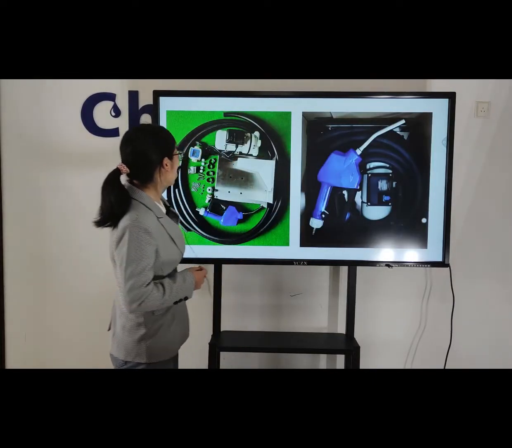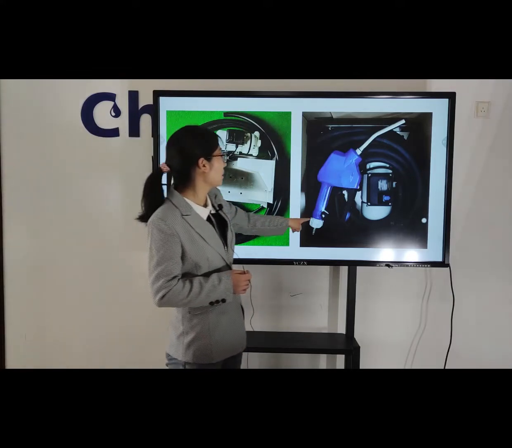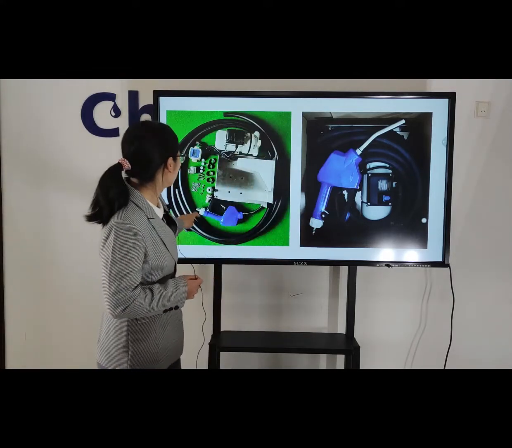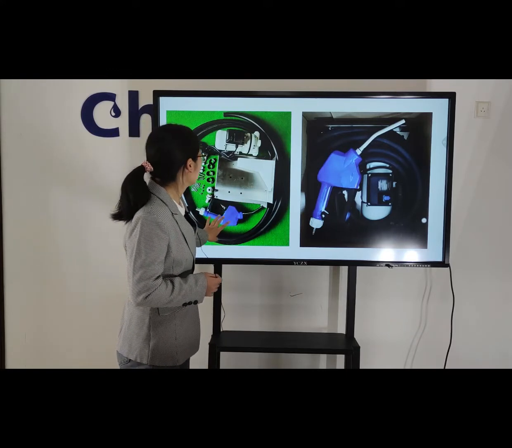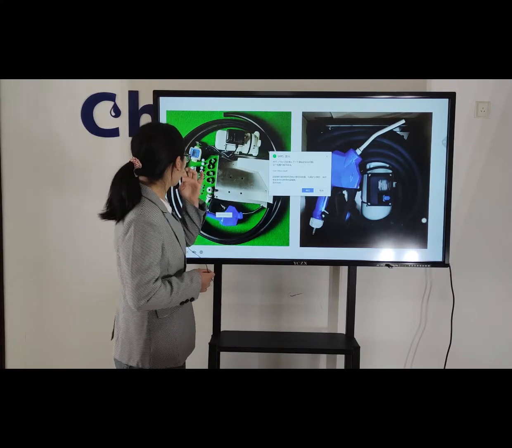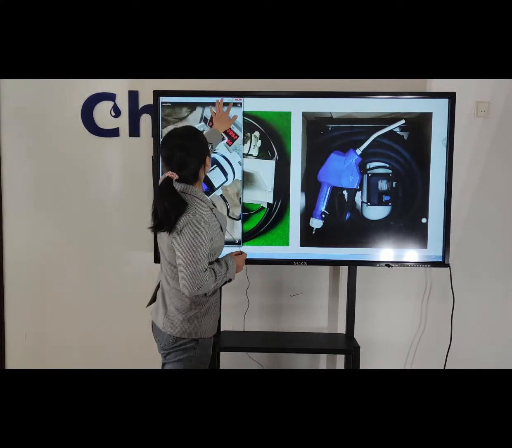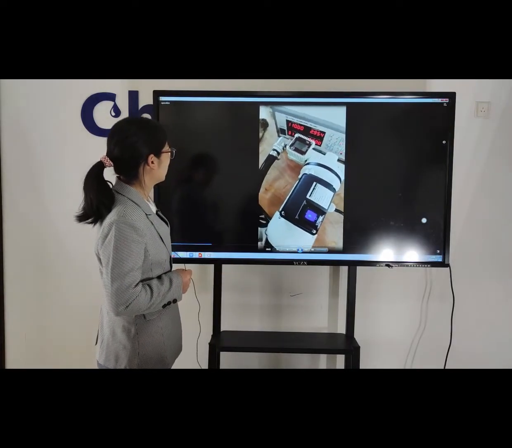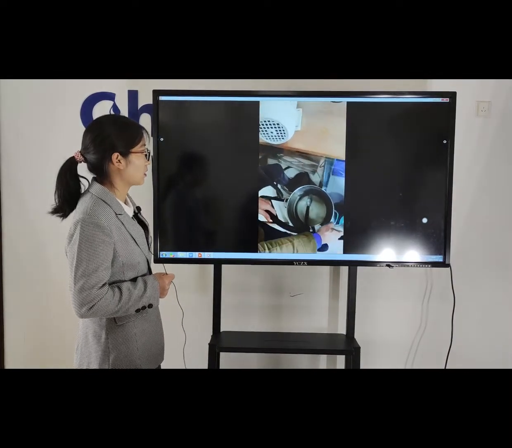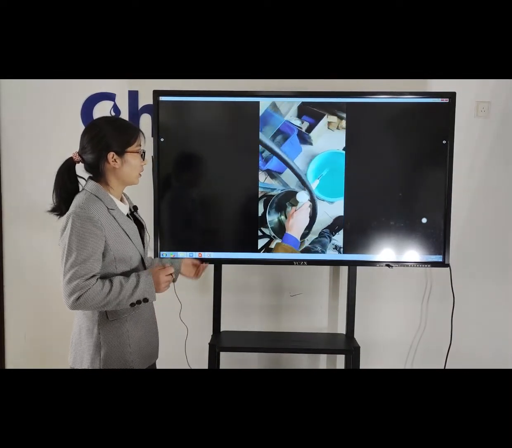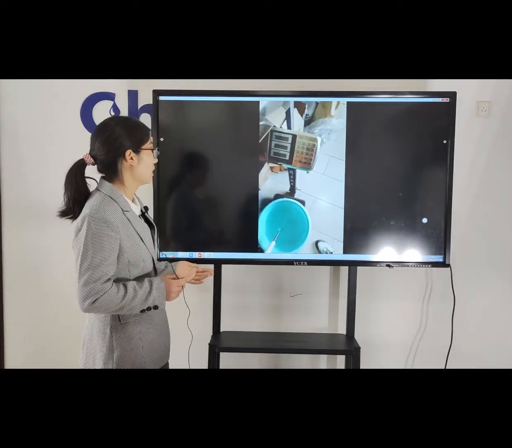And here shows you the whole details of the pump kit we will supply. It will be packed in a carton, one set for each carton. This is a pump kit produced for a customer in Colombia. We will get each machine tested before we deliver it.